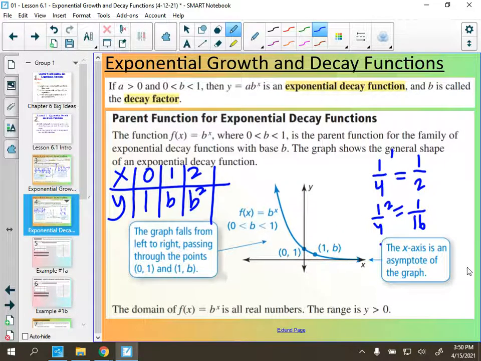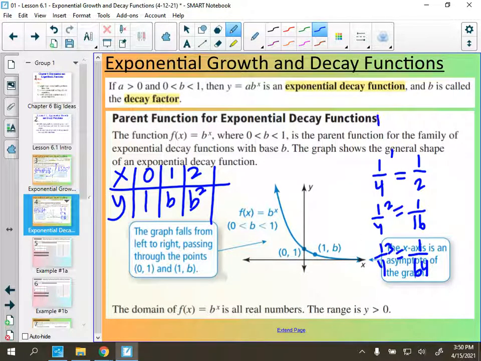To the third power, 1/4 to the third power ends up being 1 over 64. These are getting smaller. 1/2's not bad, half the pizza, but now we're talking a 16th of a pizza, a 64th. So you're actually getting smaller as we go to the right.